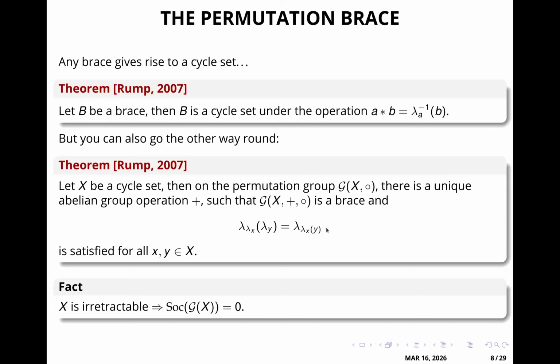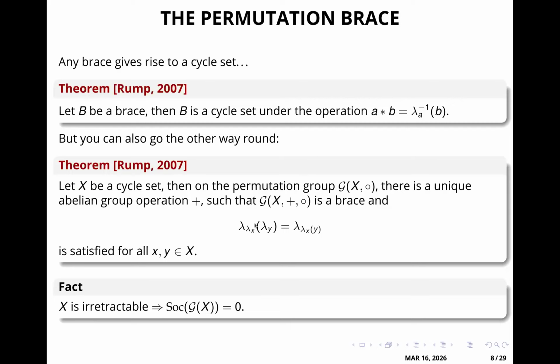So in some sense, you demand that the map that maps x to lambda x is a homomorphism of solutions. So this means you get in some way some kind of transfer from cycle sets to braces and in the other direction. Of course, this transfer in the other direction is not necessarily injective.